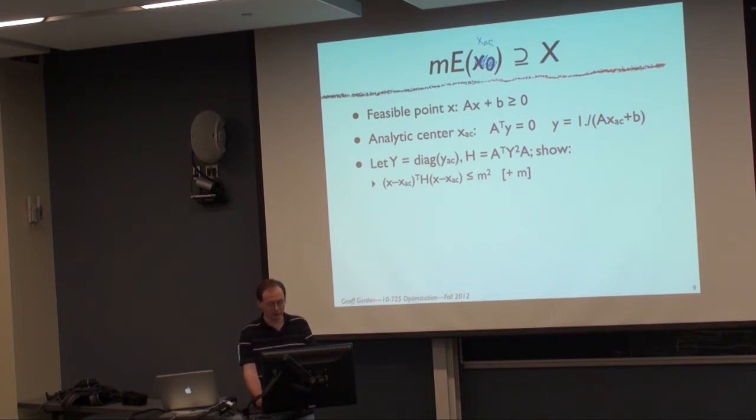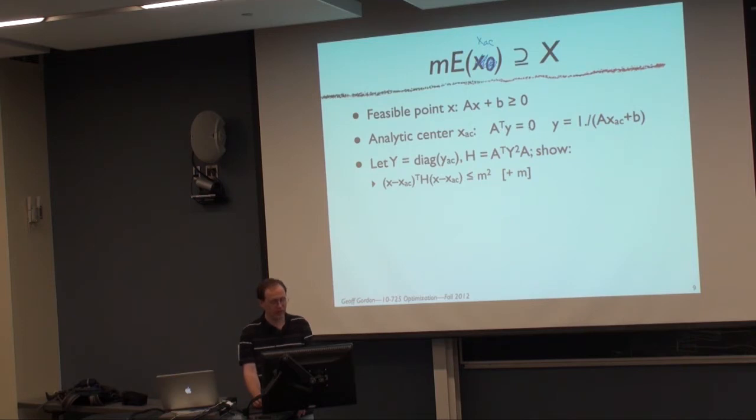So let's show our assumptions here. We're going to assume that we have some arbitrary feasible point, x, and we have the analytic center, xac, and here's the first order condition for it being the analytic center. If you take 1 over the slacks at the analytic center, call that y, then A transpose y has to equal 0.